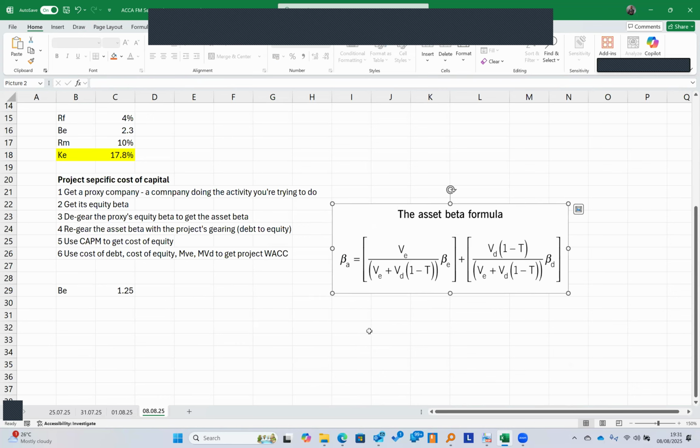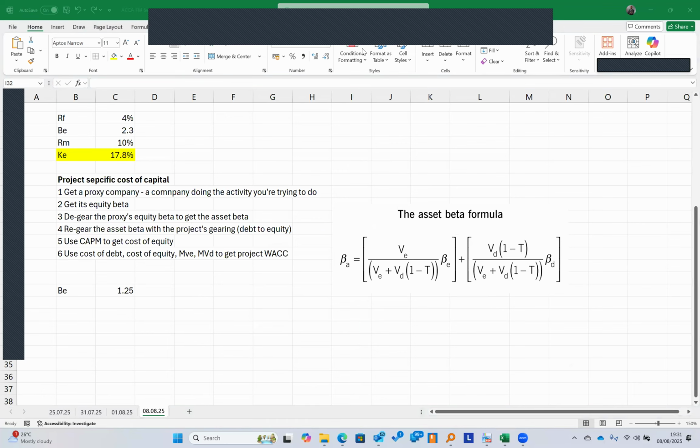This asset beta formula uses the market value of equity, market value of debt, the tax rate, the equity beta, and also the debt beta. Although debt beta is usually assumed to be 0, and therefore this whole part dies out. So you end up using only this part here.